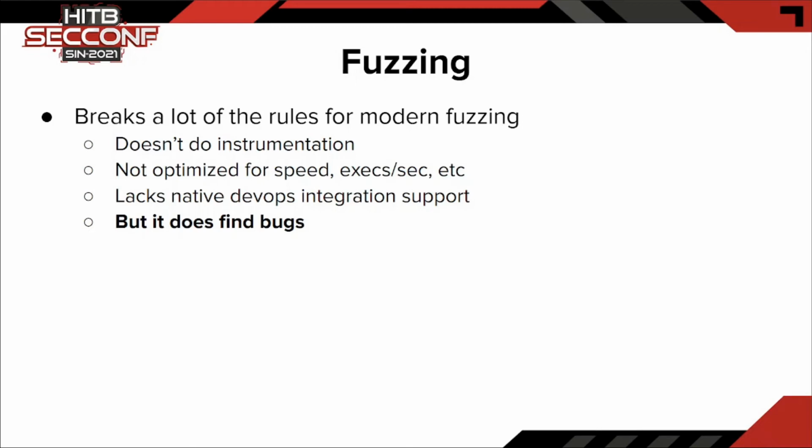Not meant for that. It is meant to cover a ton of different domains and work cross-platform. It doesn't have, not natively, DevOps integration where you can automatically file bugs and run it every time there's a build and things like that. Things can certainly be built around that. But most importantly, it was built to find bugs. And that's exactly what it does.